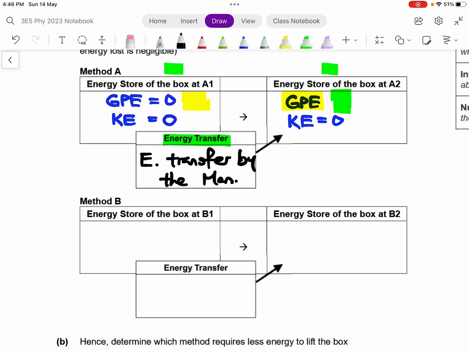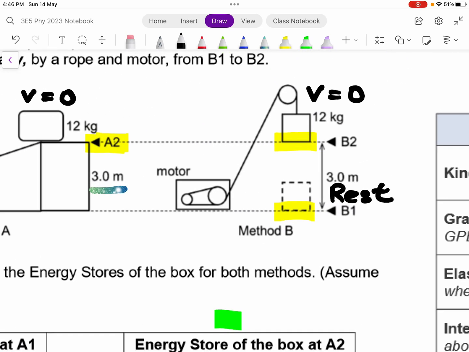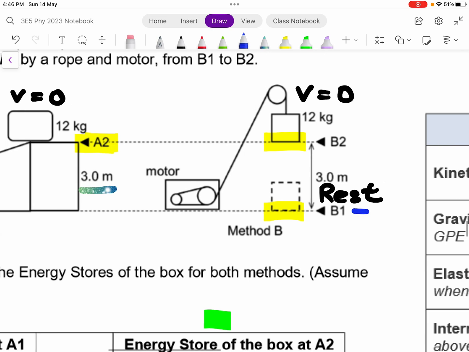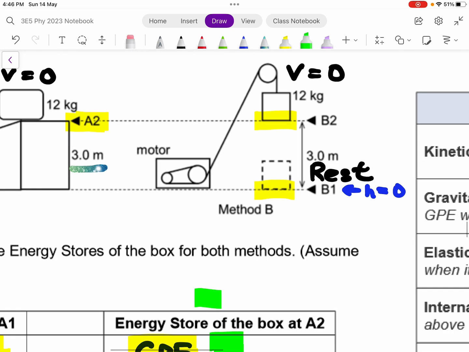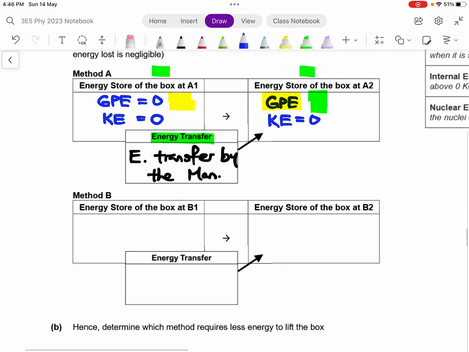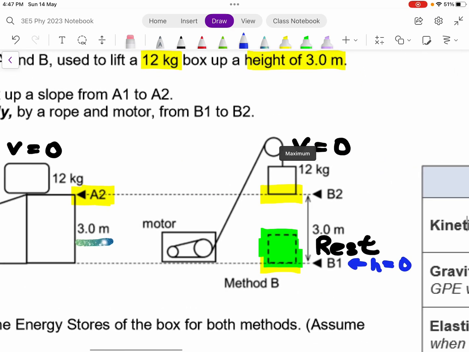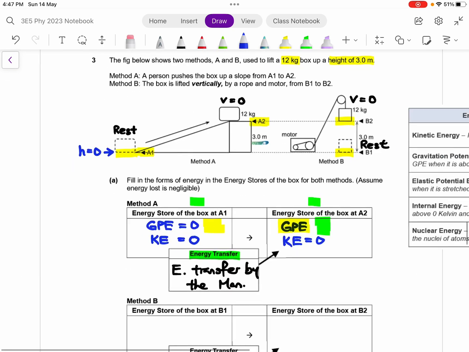So I will believe that you have paused and you have tried. So I think very similarly, if you look at method B, at the beginning, you can set h equals 0 here as well, right? So if h equals 0 and it is already at rest, you would know that the initial state here would have no energy, right? Both your GPE and your KE will be equal to 0. And similarly, if you have reached the top, it is already at rest.